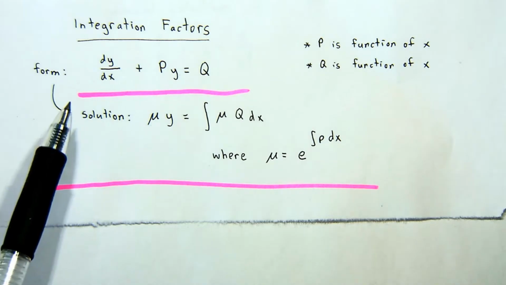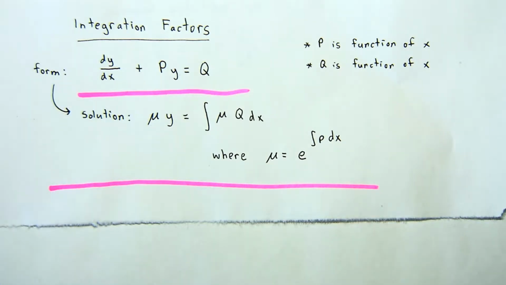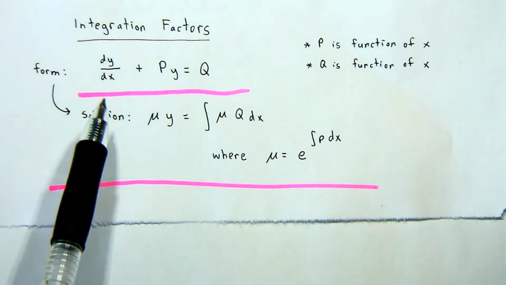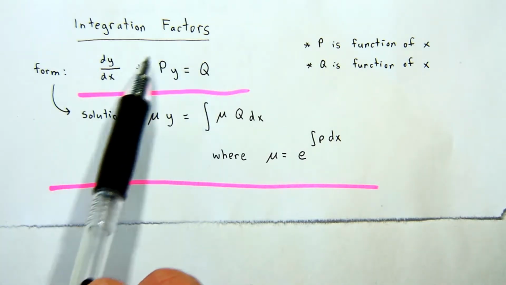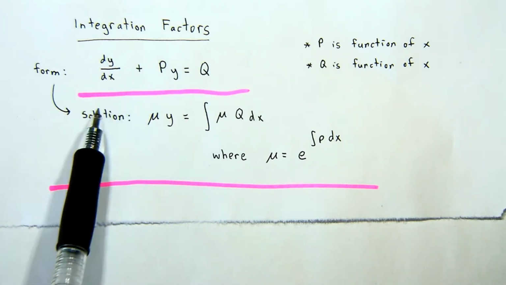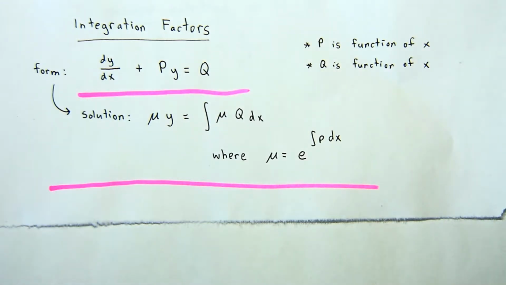It starts with dy/dx plus p, which is some function of x, multiplied by y, is equal to q, where q is another function of x. So you use an integration factor when your differential equation is in this form. And if it's not in this form, then we have to get it to that form.